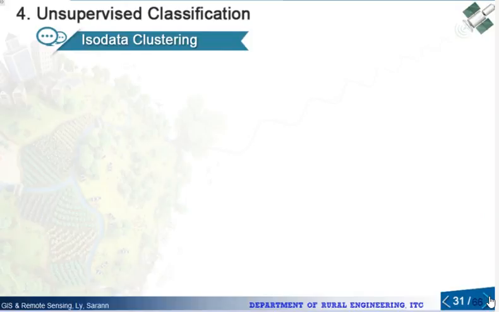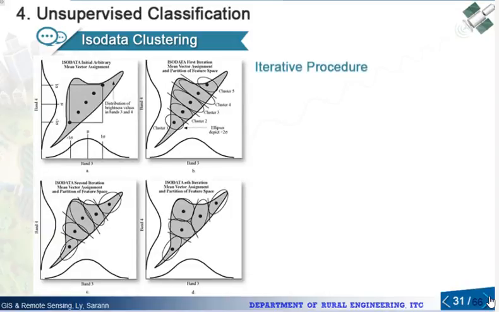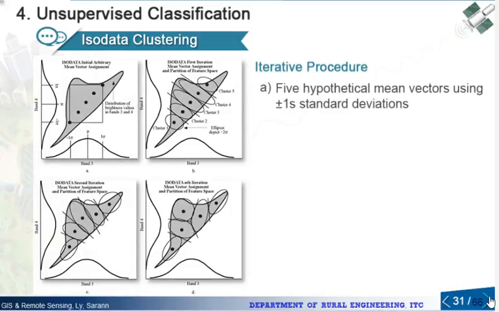So there is ISODATA clustering. ISODATA starts with an initial distribution of five hypothetical mean vectors using the first standard deviation, plus or minus the standard deviation in both bands, as beginning and end points.